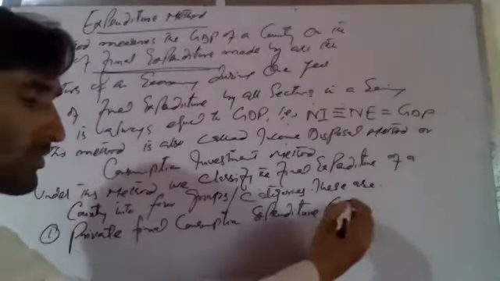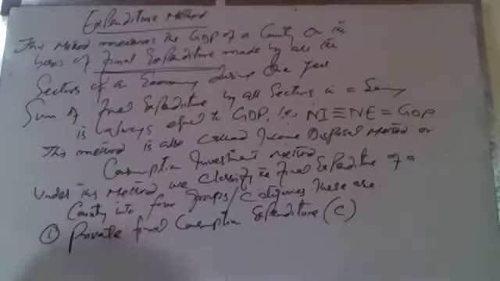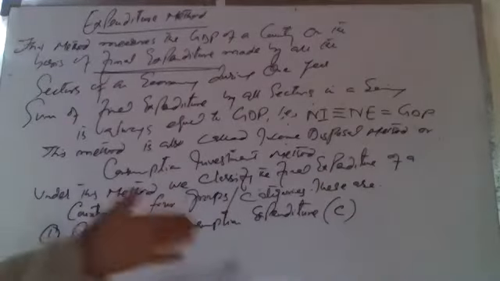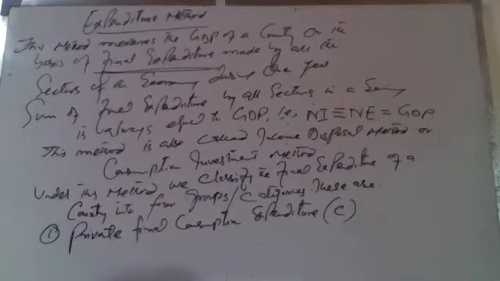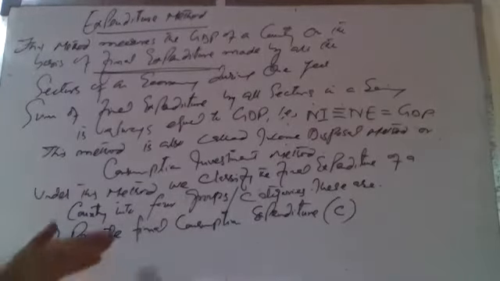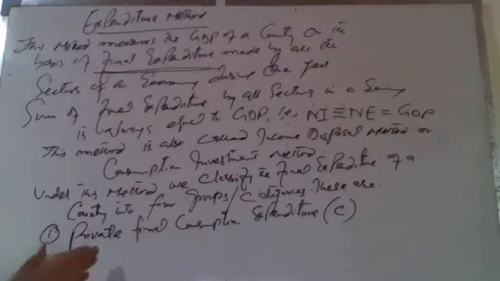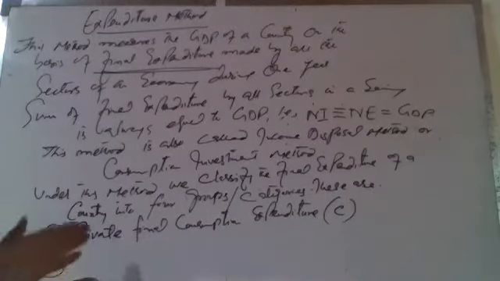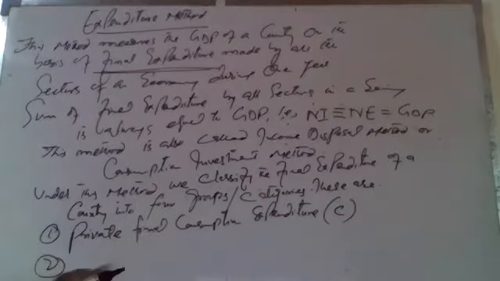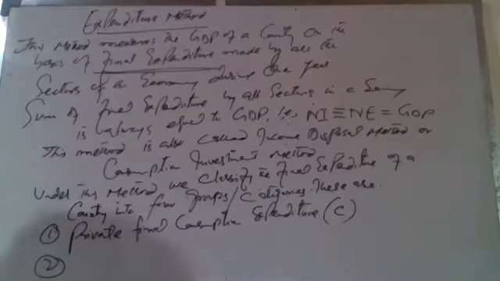We can say it is C. Briefly, we can say it is private consumption. So this is called private final consumption expenditure, or private consumption expenditure. That is the consumption made by the private sector on consumer goods and services.